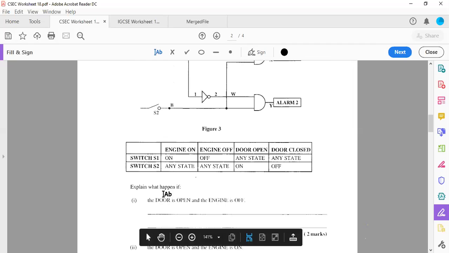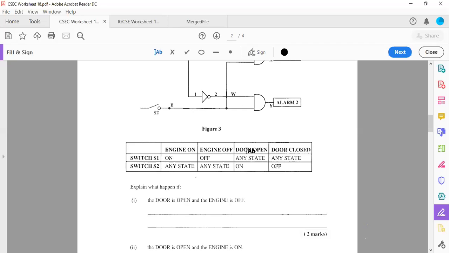They say explain what happens if the door is open and the engine is off. So we're looking for the door is open here, good, and the engine is off.